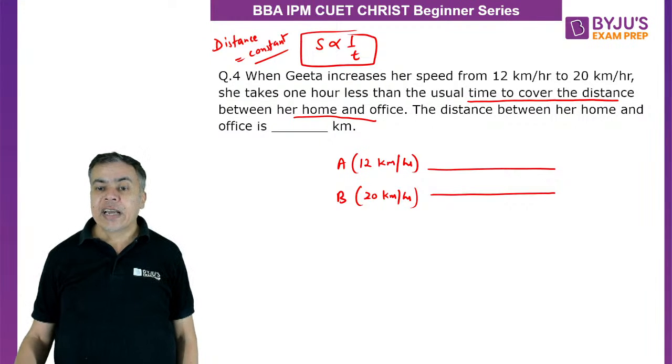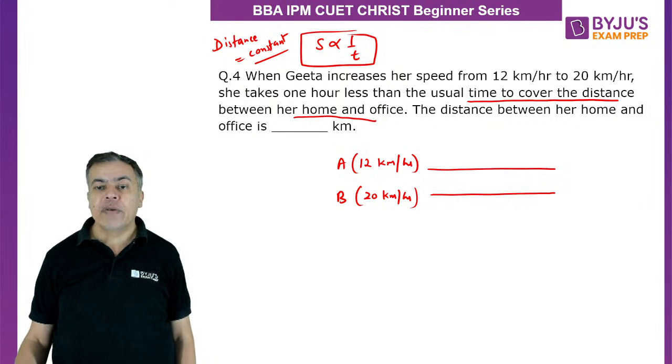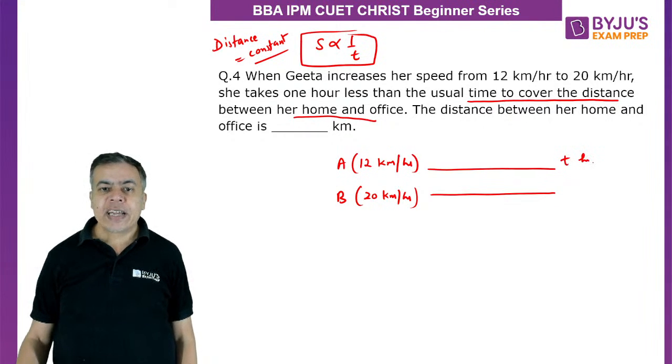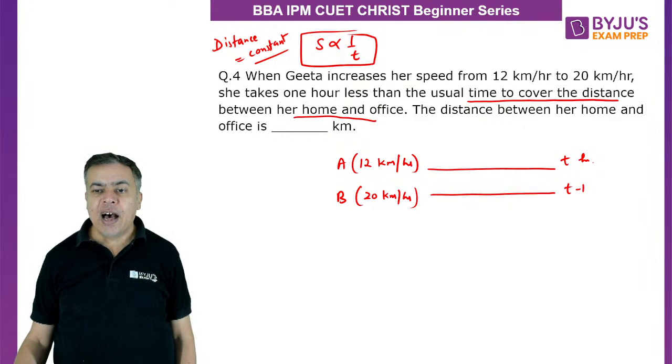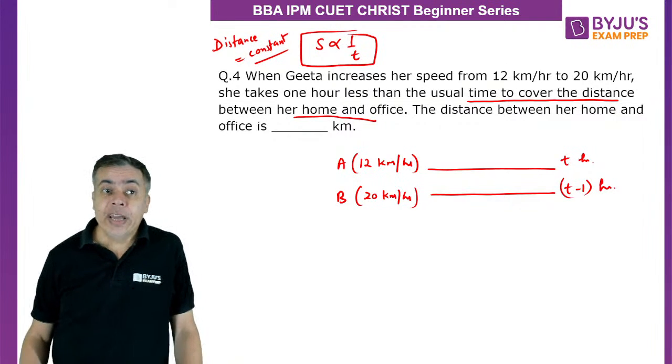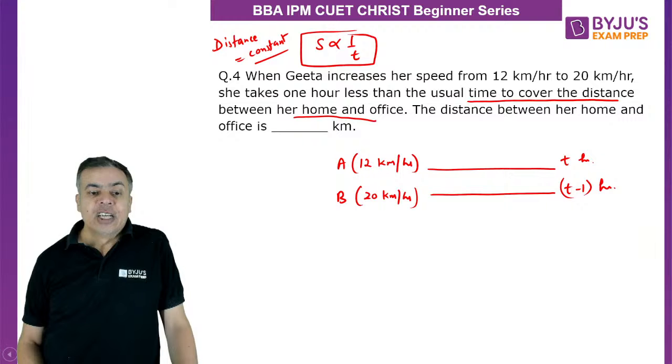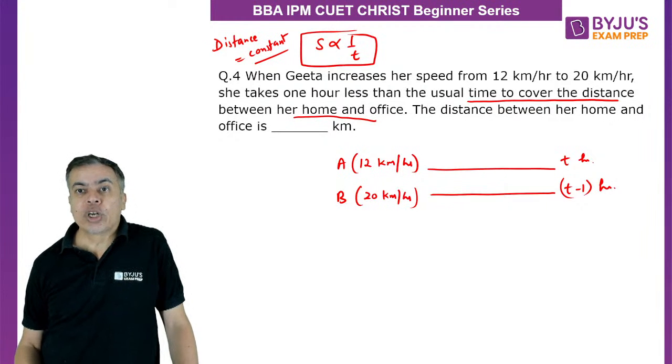But in the second case, if the first is taking, let's say, t hours, the second is taking t minus 1 hours. According to our funda, if the distance is constant, speed is inversely proportional to time.